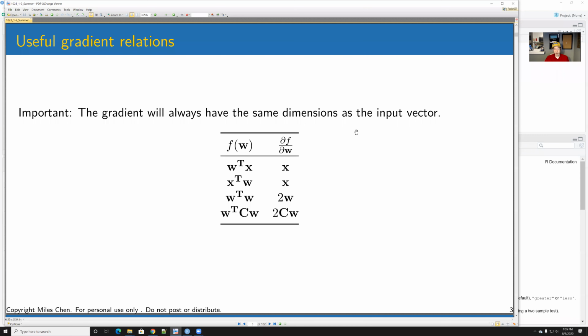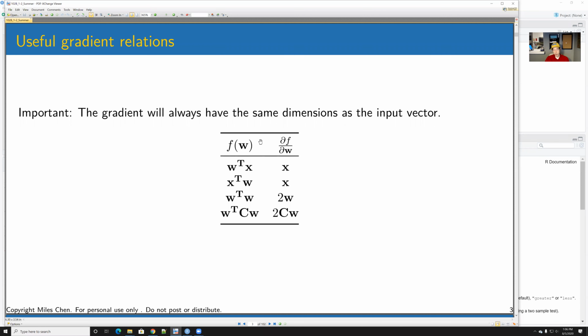When we take derivatives in vector notation, we call them gradients. And here is a table that is very useful in terms of taking gradients. One thing to note, and I didn't put the dimensions underneath each of these things, but this function outputs a scalar value, okay, a 1x1 value.